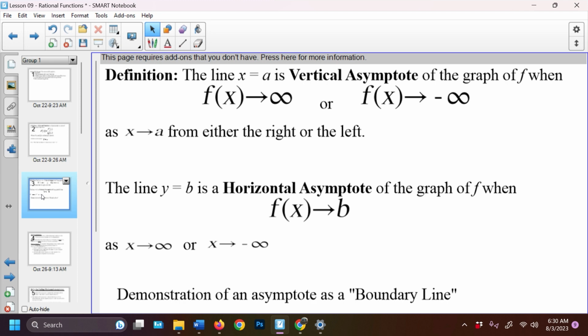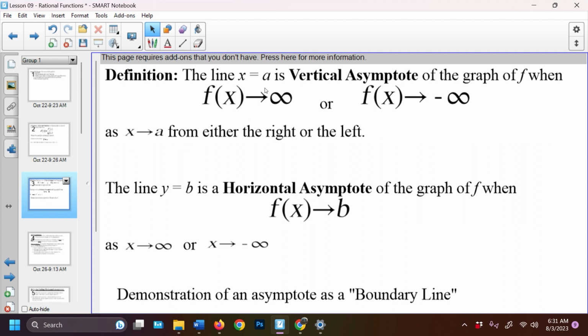First definition, the line x is equal to a, and anything x is equal to just a constant is going to be a vertical line. The line x equals a is a vertical asymptote of the graph of f when f of x goes to positive infinity or f of x goes to negative infinity as x gets closer to a.